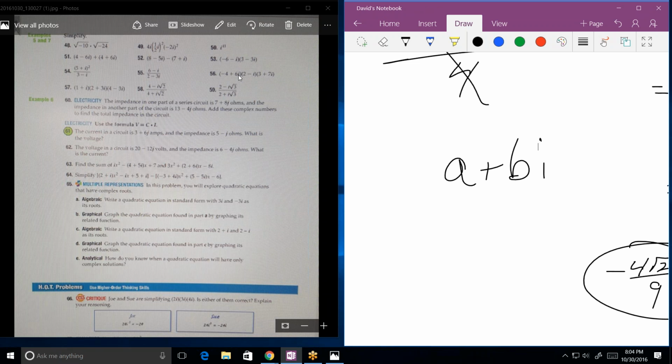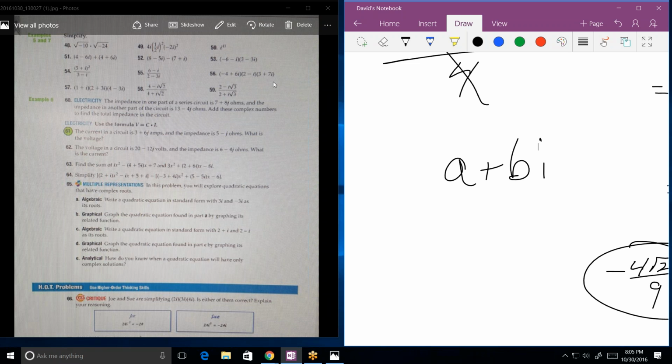At some point I'm going to have to multiply that i times that i times that i, and I'm going to end up with an i cubed. So you do have to know how to handle i's other than i squared and i. Remember that i cubed is i squared times i, so it's negative i.